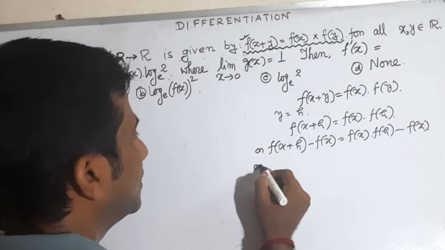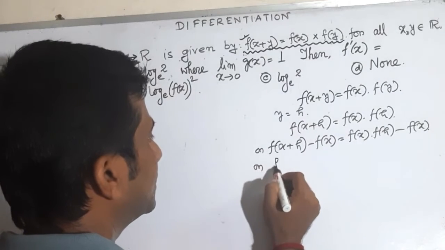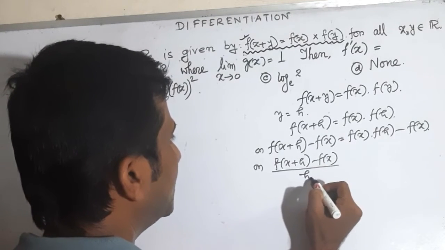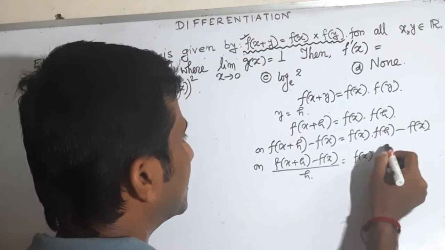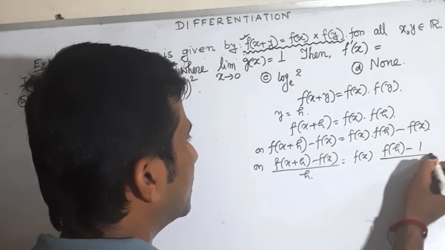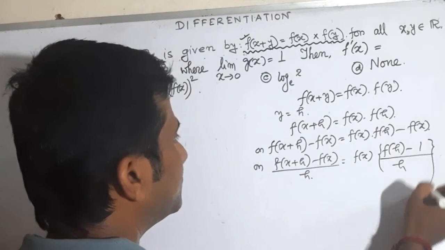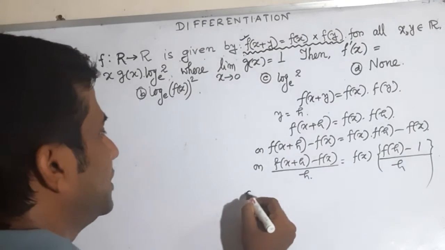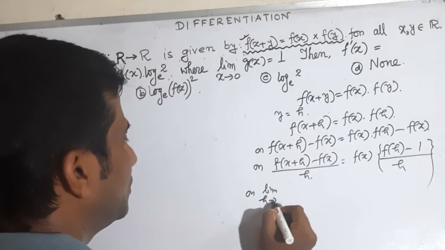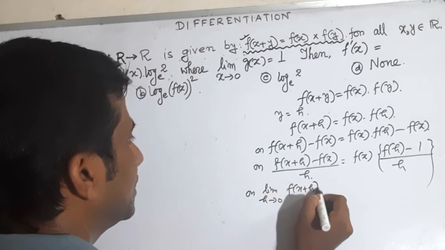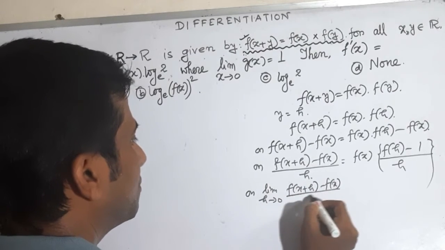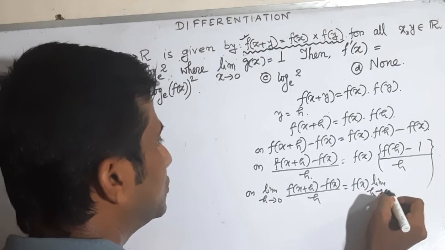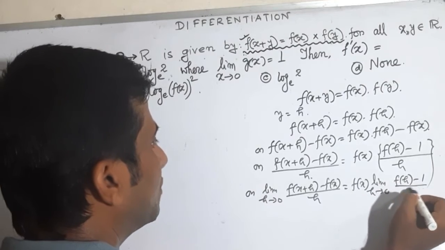Dividing both sides by h, then f of x plus h minus f(x) by h is equal to f(x) into f of h minus 1 by h. And taking the limit h tends to 0, we get f of x plus h minus f(x) by h is equal to f(x) into limit h tends to 0 of f of h minus 1 by h.